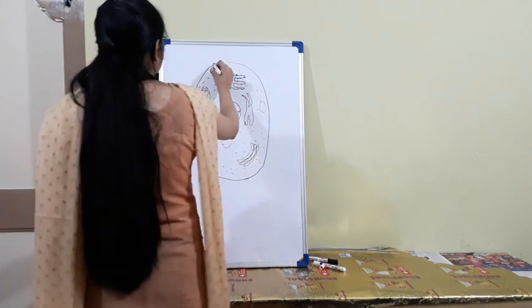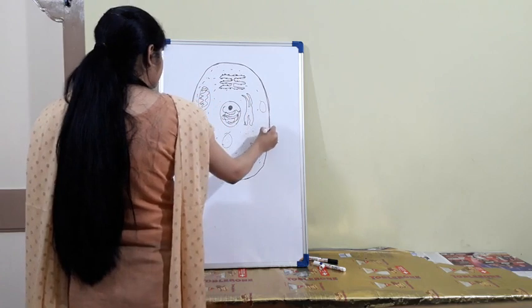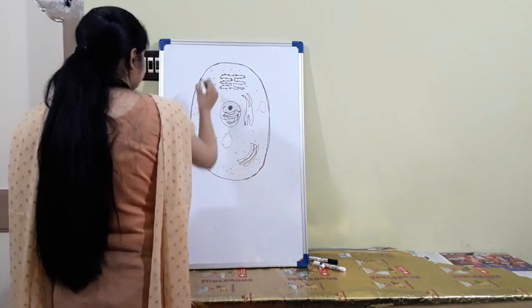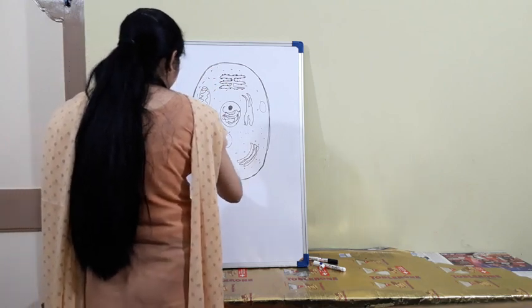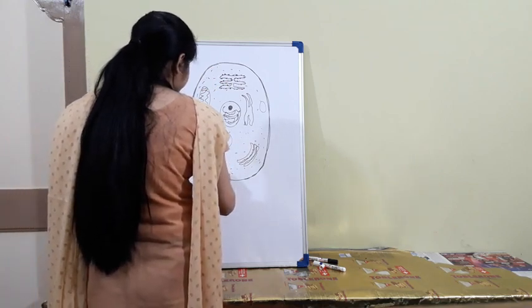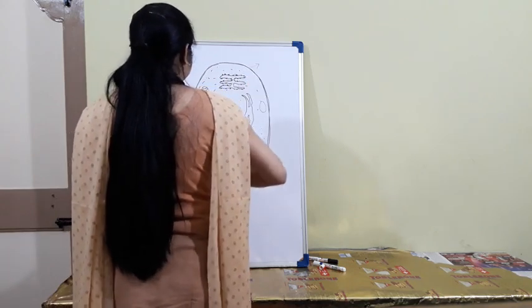So this is the outermost covering of a cell, that is, you can say cell membrane or plasma membrane. Okay, the outer structure. It is an animal cell. That is the plasma membrane.